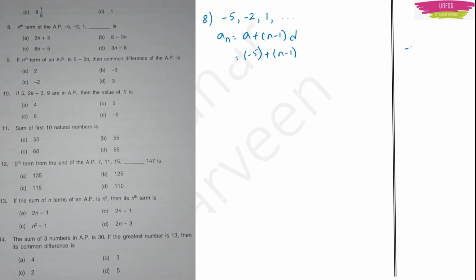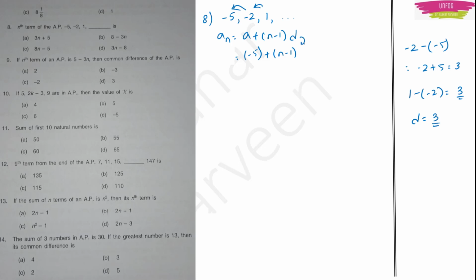What will be d? You have to do minus 2 minus of minus 5. This will be minus 2 plus 5, or 3. Or if you have doubt, you do the third thing. Either you subtract like this or you subtract like this. Both are one only. 1 minus of minus 2, it will be 3.